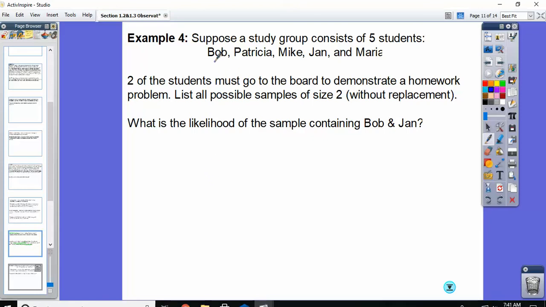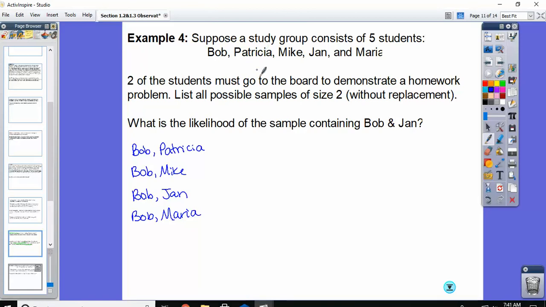Okay, so that means we could do like Bob and Patricia, or Bob and Mike, or Bob and Jan, Bob and Maria. That's everyone that includes Bob.